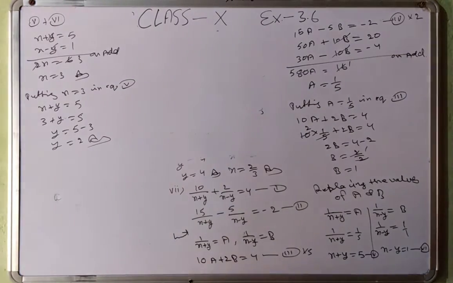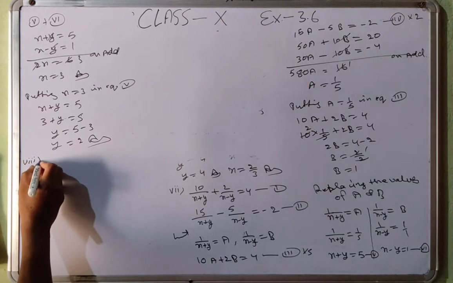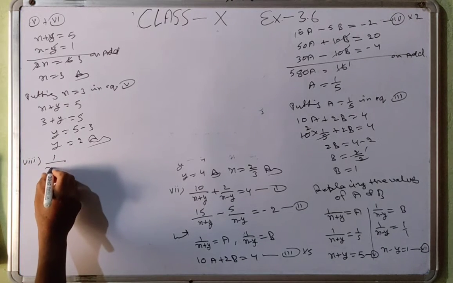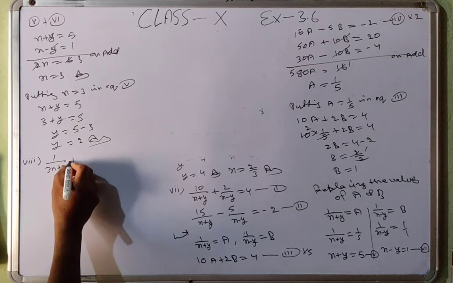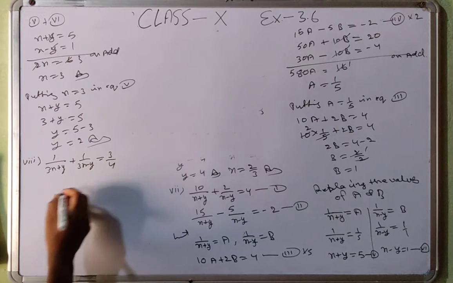And then the most difficult question of this exercise, that is the 8th part. 1 upon 3x plus y plus 1 upon 3x minus y is equal to 3 upon 4.